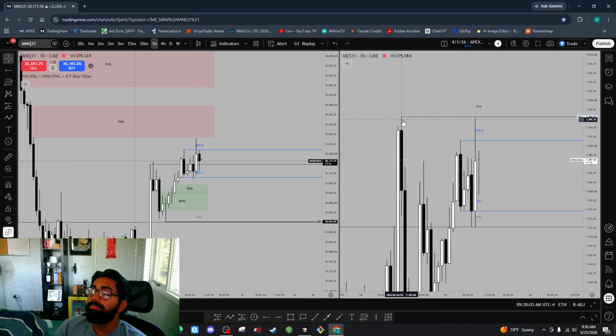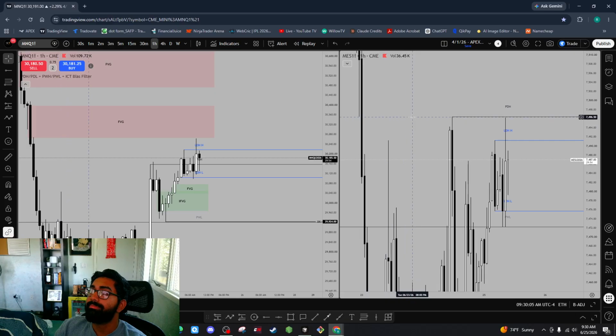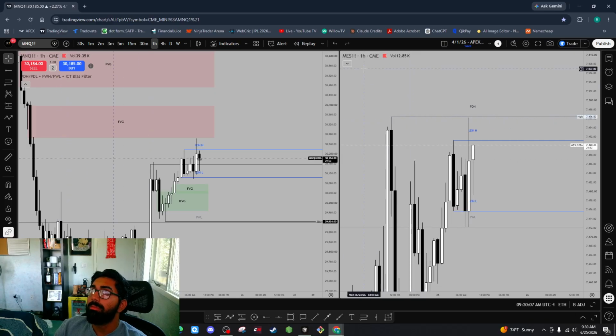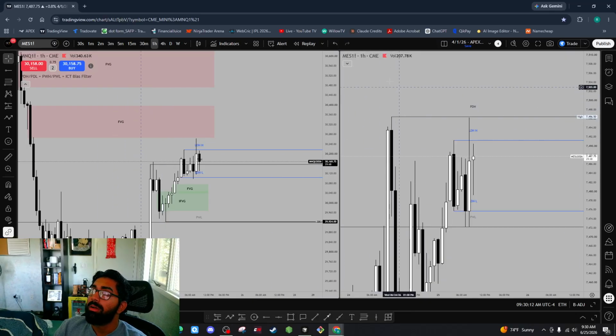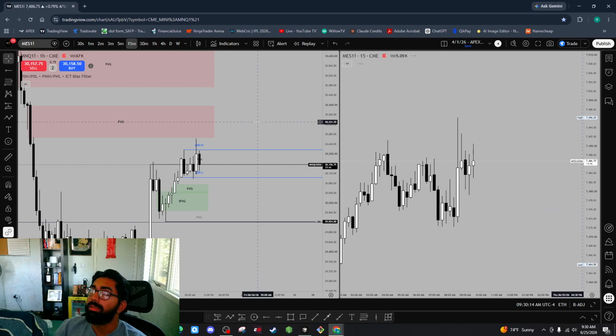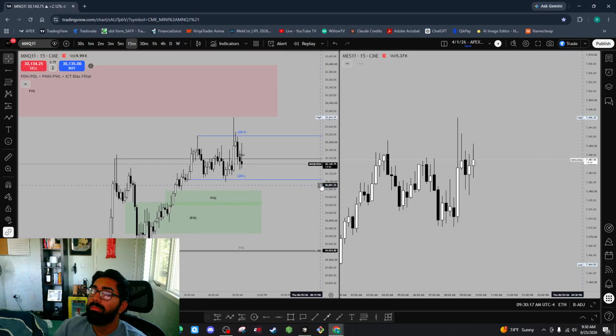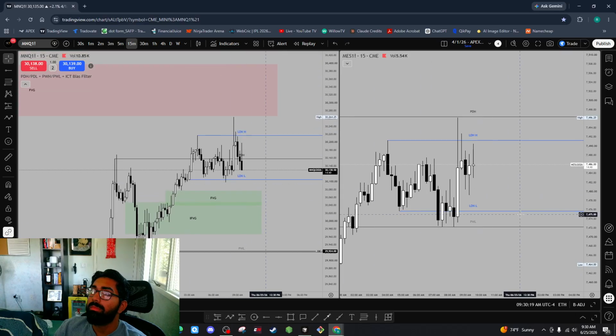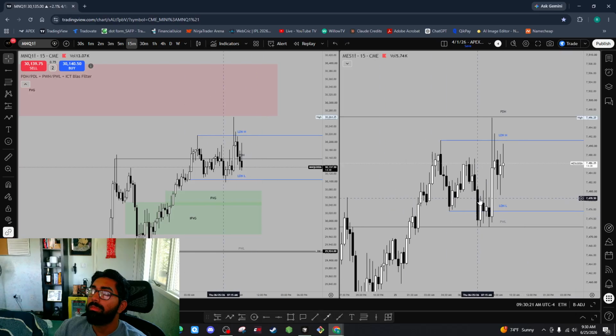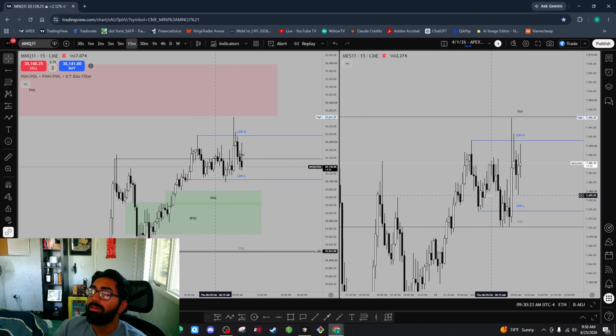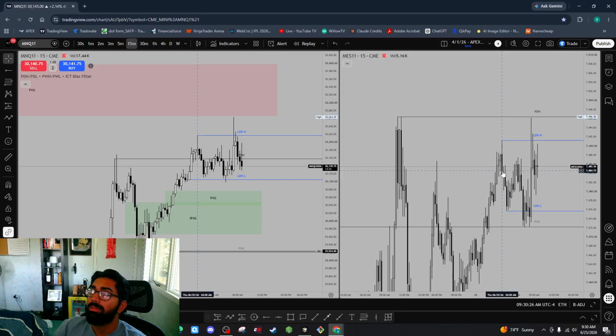But I guess the main thing is ES hasn't taken out previous day high, whereas NQ has. Let's check 15-minute on both. Yeah, they're in sync. They're for sure in sync.